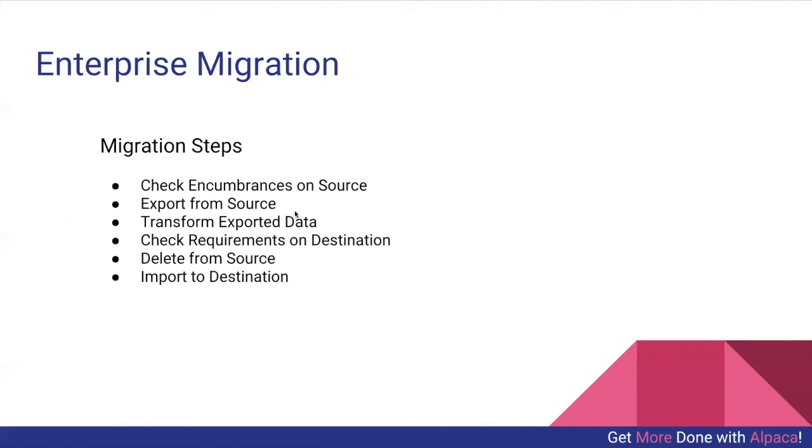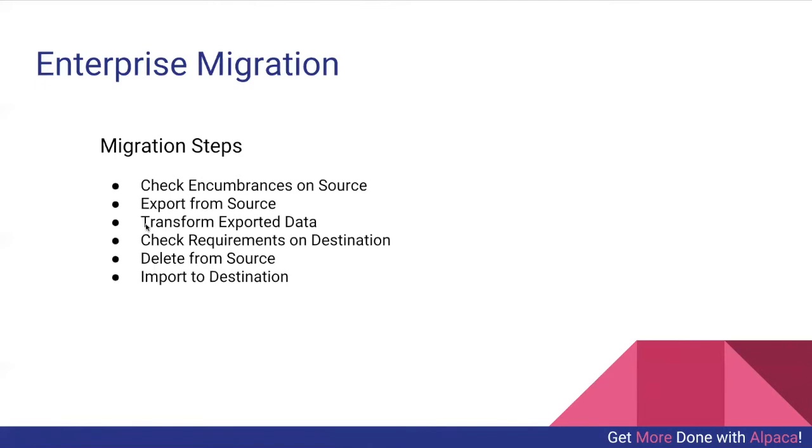When you get ready to do an import, it will check the requirements on the destination, and then it actually doesn't do the delete from the source, because we're just doing an import, and then it'll do an import to the destination. Now, the two things that are important to notice: one, we skip the transform steps on an import, and we skip the delete from source steps. The delete from source steps aren't a big deal, but the skipping of the transform steps is a big deal.